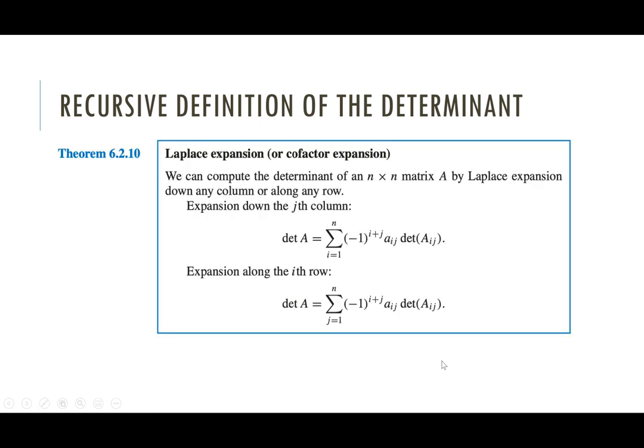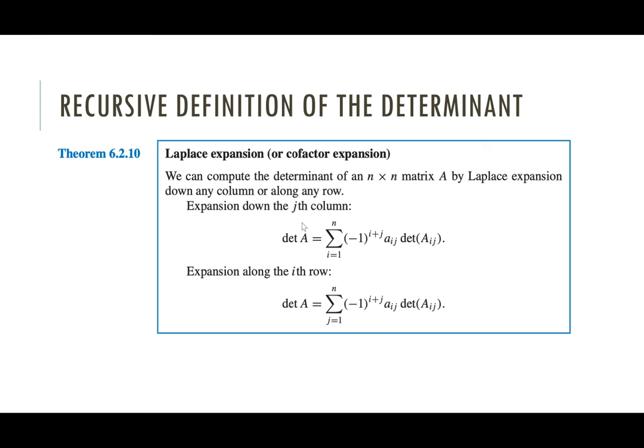And we'll see in what they have as this theorem, which some books use as the definition, and previous versions of your book use as the definition, you've got what they call the Laplace expansion or cofactor expansion. This says, expanding down the jth column. In what we just saw, we expanded down the first column.